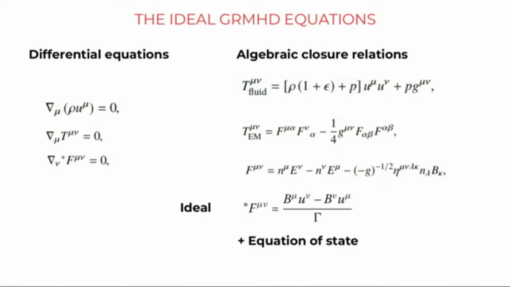By using that condition, called the condition for ideal MHD, one can recover the electric field in the coordinate frame, and spare solving one more differential equation, the inhomogeneous Maxwell equations. So we recover the electric fields through this formula.